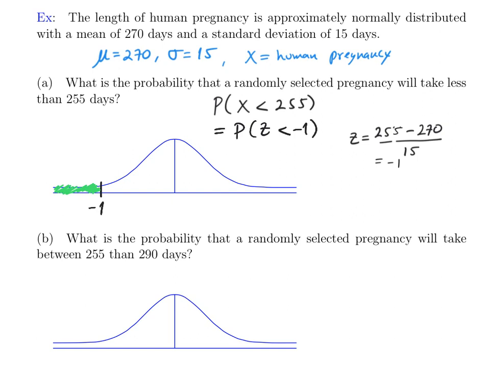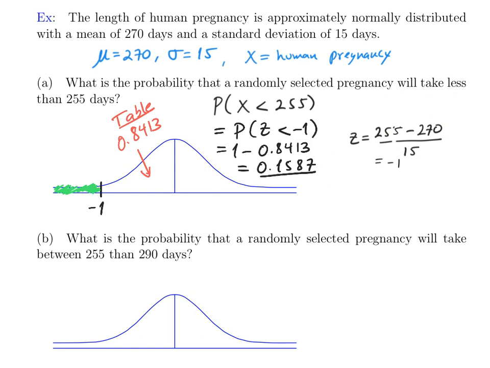The table will give you 0.8413. That's from the table. Okay? So then how do you get the green area? It will be 1 minus what? 0.8413. And how much is that? 0.1587. And that's it.